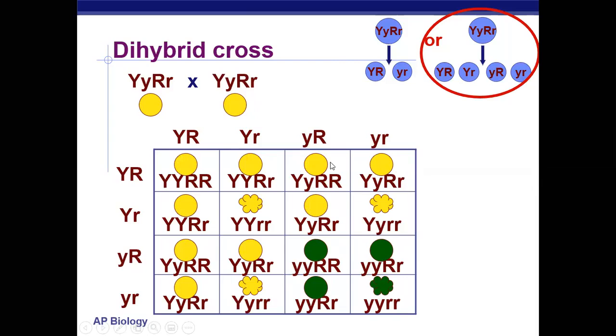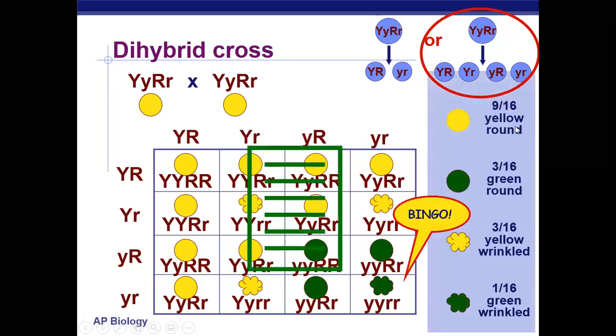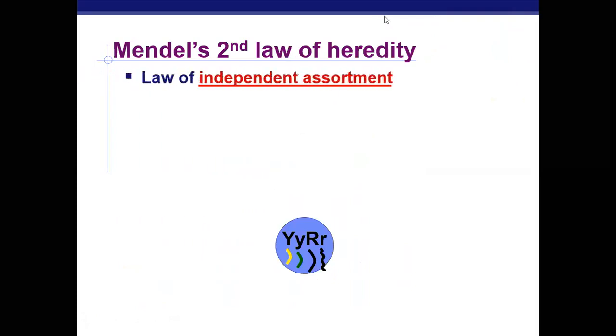So we're not going to worry about the genotypic ratio of a dihybrid cross, but we are worried about the phenotypic ratio of 9:3:3:1. So you're not pulling big Y, big Y. You're never doing that. You don't pull the same allele. You're doing big Y, big R, little y, big R, big Y, little r, little y, little r. Every year I have students get that wrong, but that's how you set up the dihybrid cross.